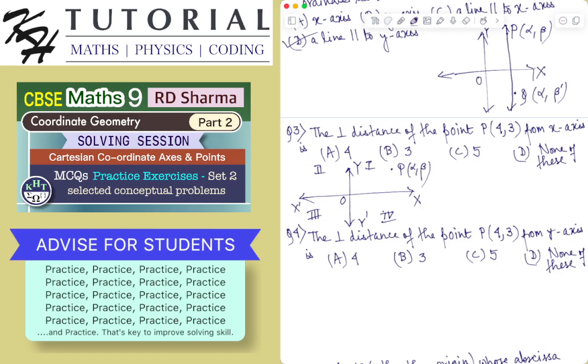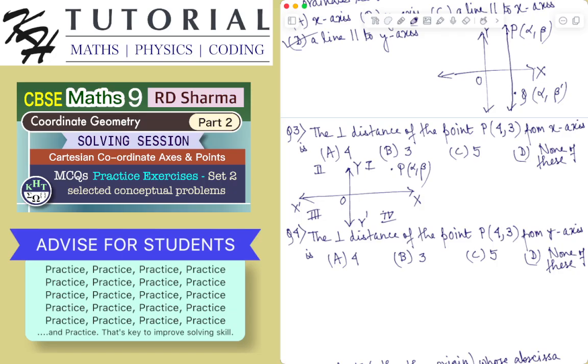Now please mind one thing, that distance in the Cartesian plane is always a positive value. Distance is never negative. The abscissa or the x coordinate can be positive or negative, but the perpendicular distance of any point from the y-axis and x-axis is always a positive value. It is never negative.